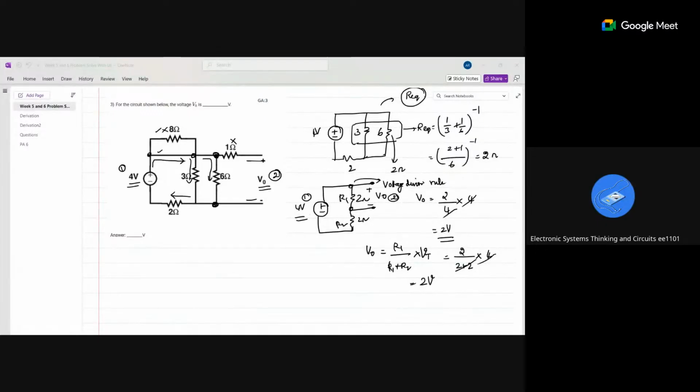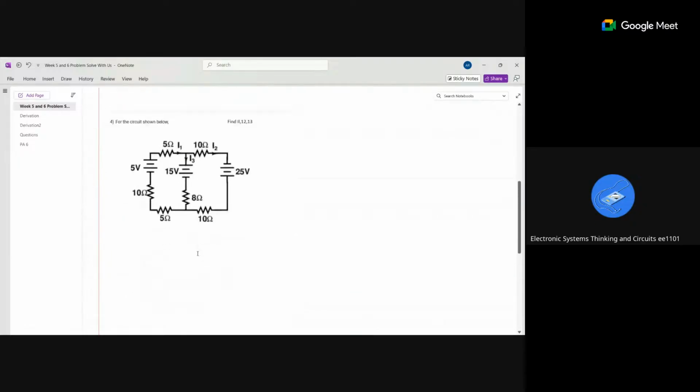So yeah, we'll move to the next question. This is the fourth question of the graded assignment week 5, and we are going to use the superposition principle to find the currents I1, I2, and I3.